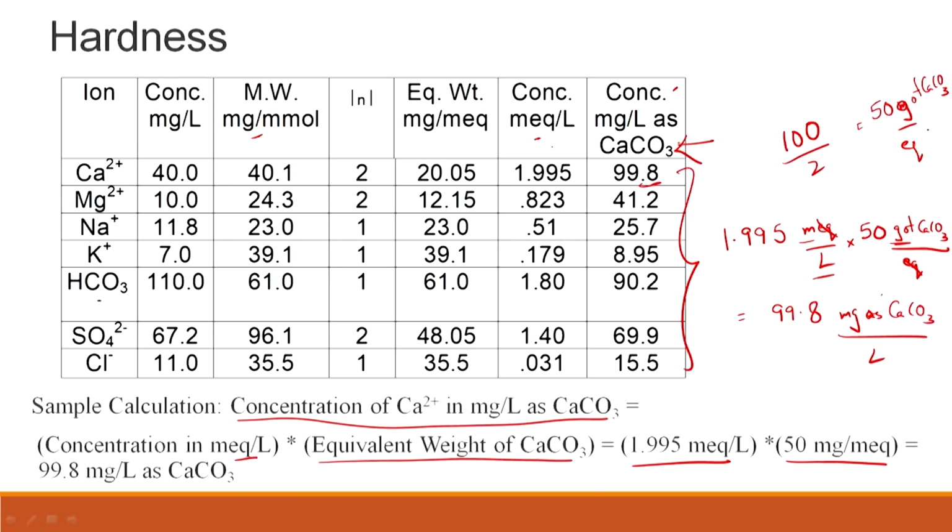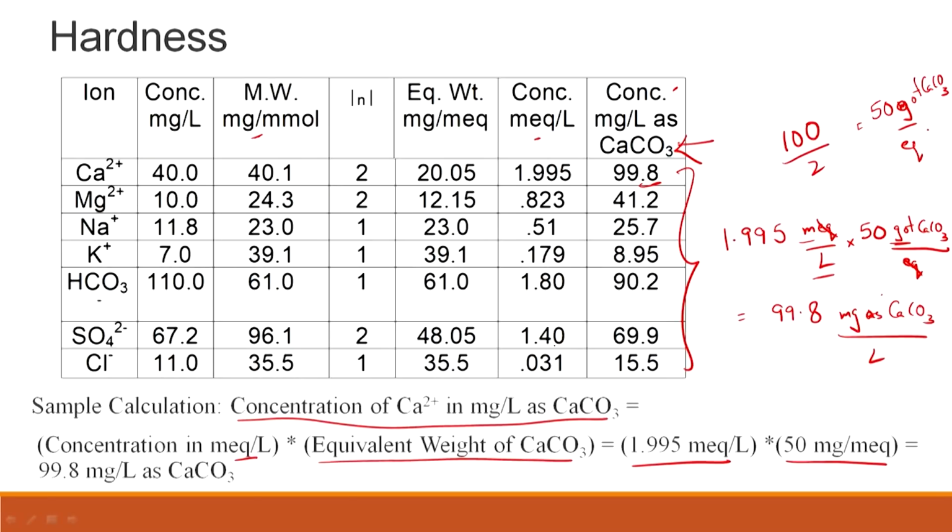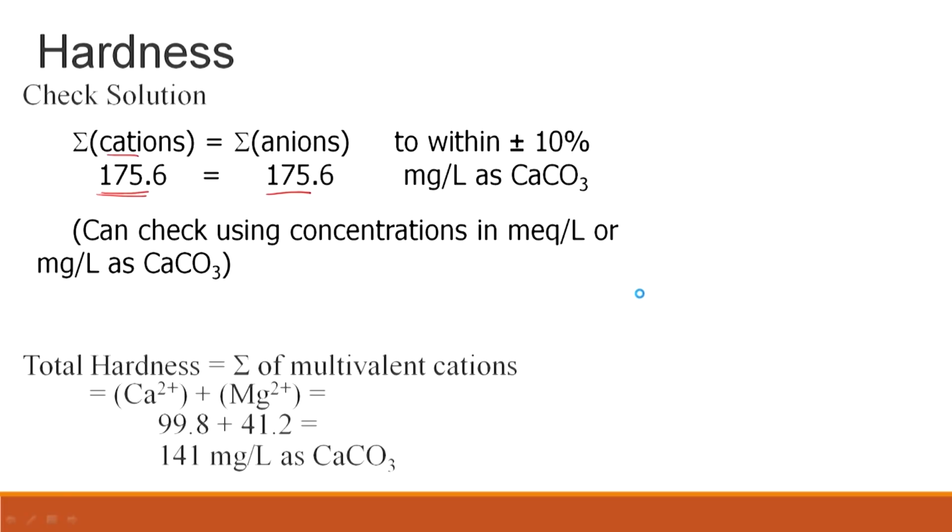Okay, this value would be much higher, so obviously the units are in terms of as CaCO3. Okay, here it is. We can also check it in terms of equivalents per liter. So we see that electroneutrality is being held, but typically you will not have such exhaustive data.